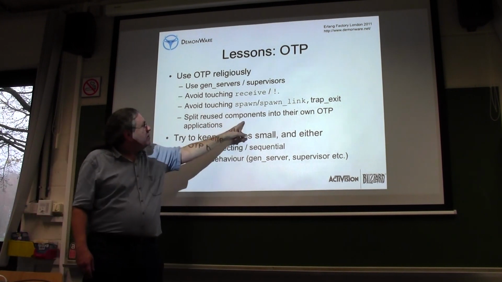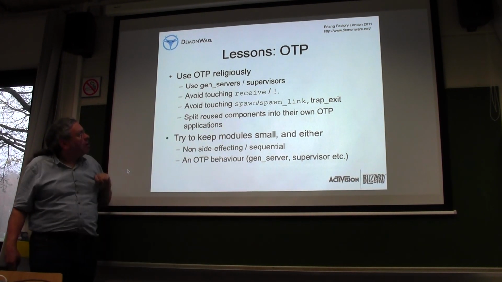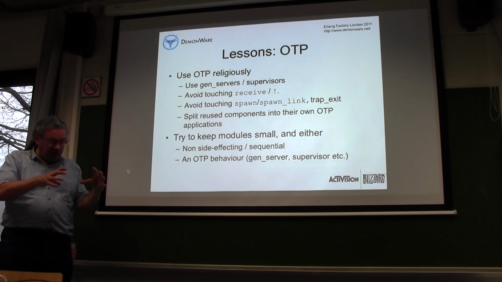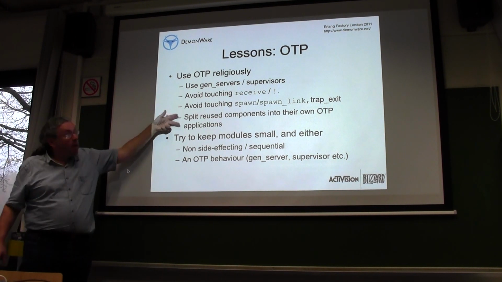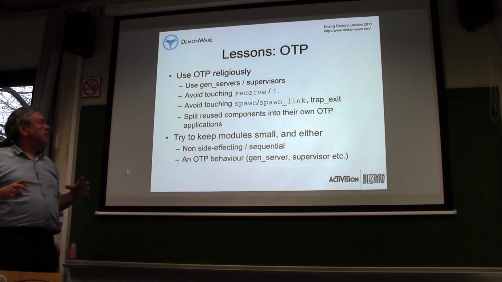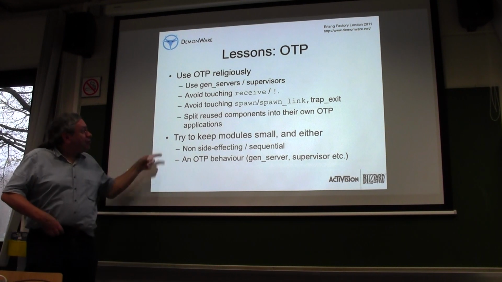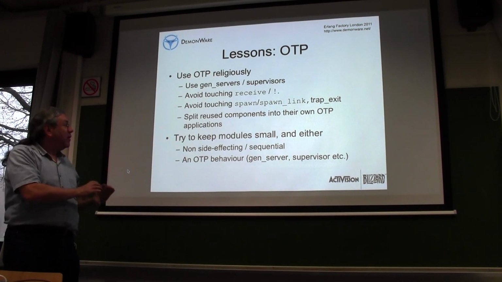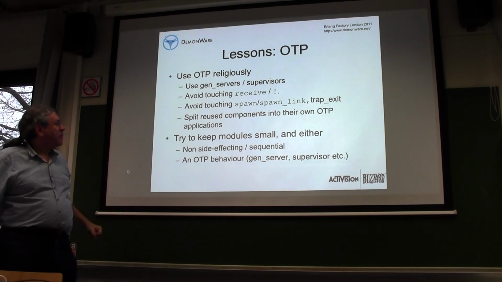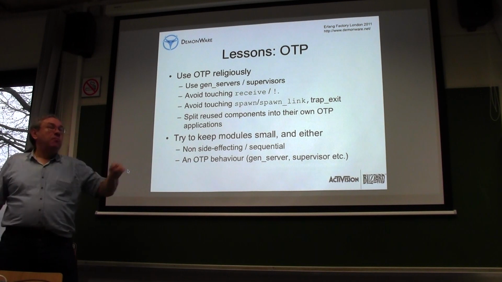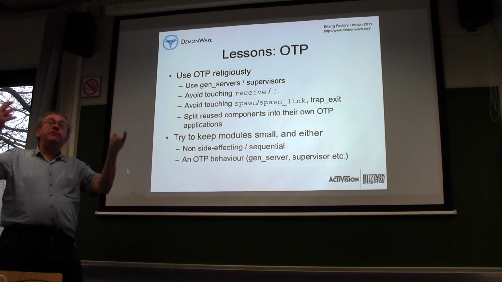Also, split reused components into their own OTP applications. If you have pieces of a system that are reused, turn them into an application, and OTP supports applications, okay? Also, the modules. Erlang is organized with modules. Keep them small. Keep them non-side effecting. They don't have side effects.